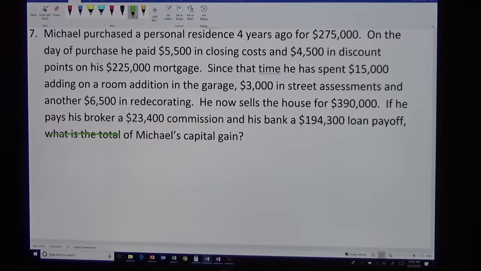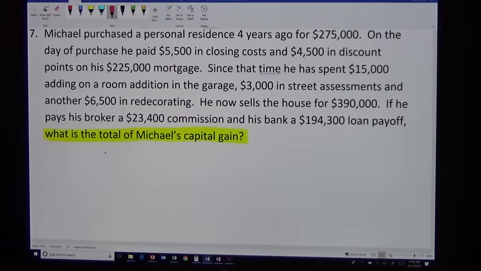What is the total of Michael's capital gain? Sorry, I didn't mean to mark through that, to highlight it. Well, we know that when we talk about capital gains, we're talking about the difference between essentially what we've invested in the property and then what we have gotten when we sold the property.